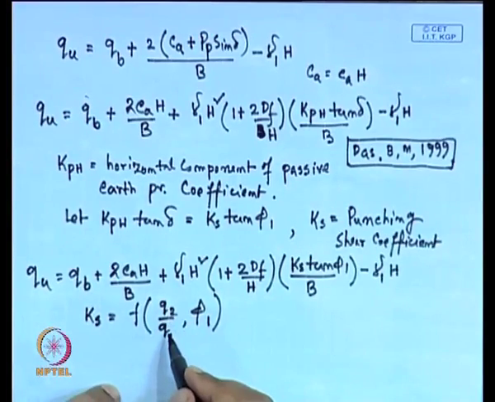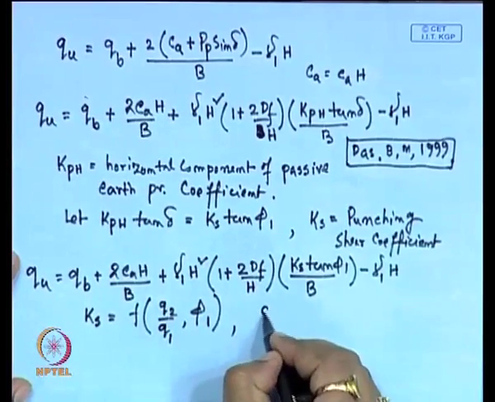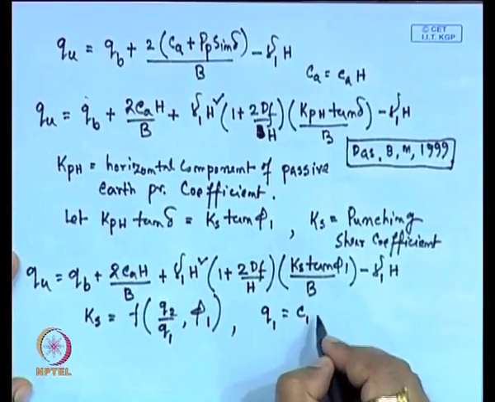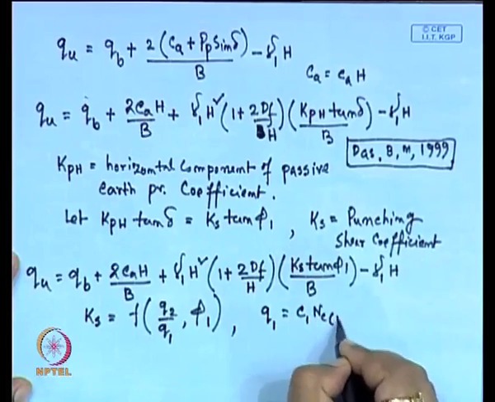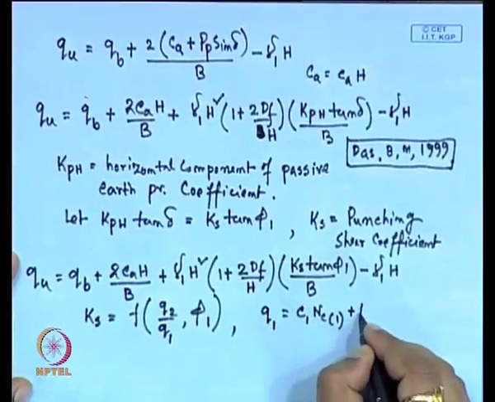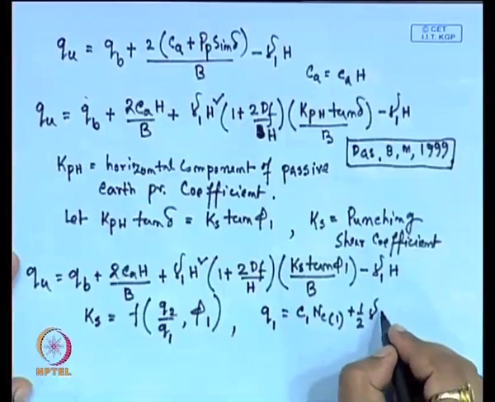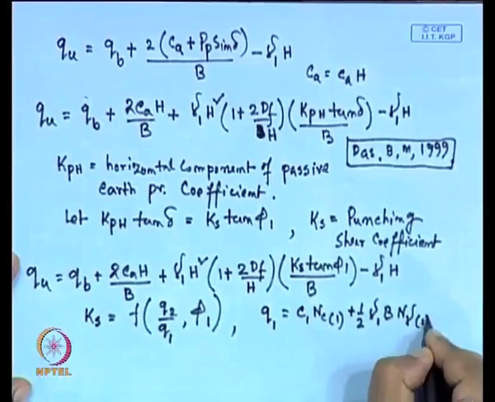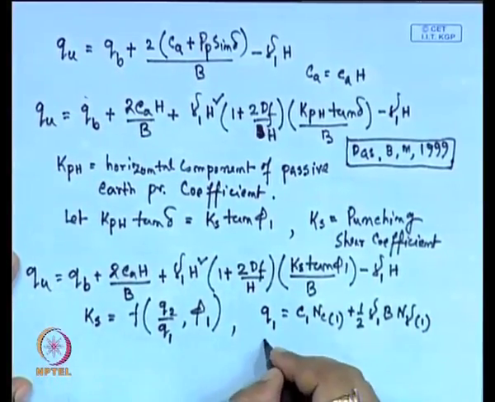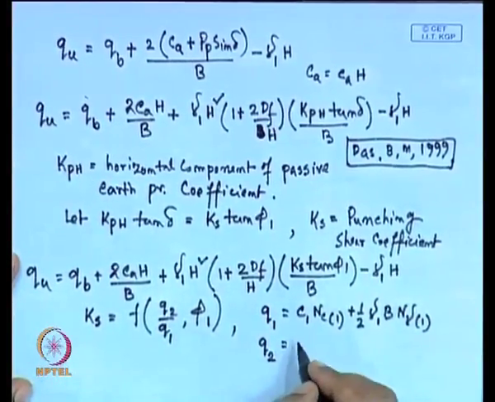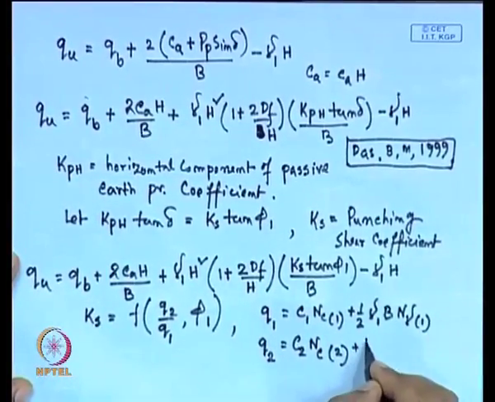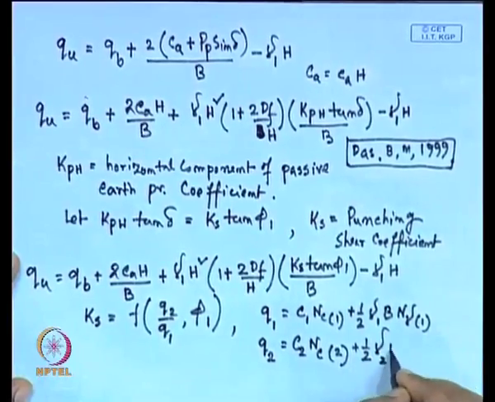And Q1 is C1 Nc1 plus half gamma 1 B N gamma 1, and Q2 will be C2 Nc2 plus half gamma 2 B N gamma 2.